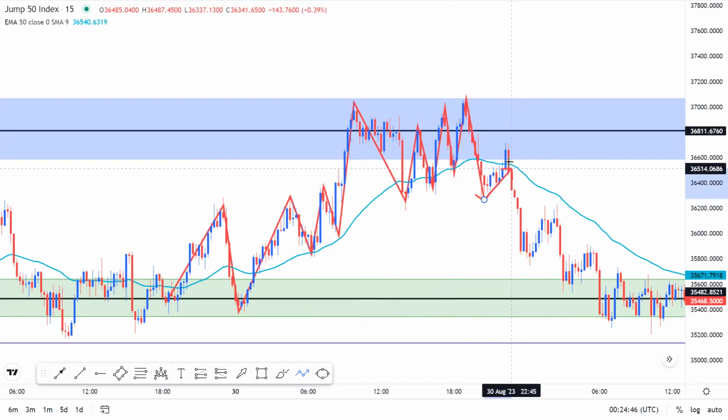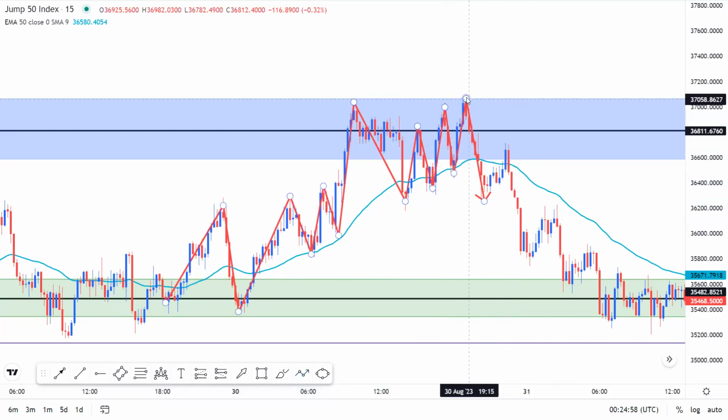So we're clearly retesting a 15 minutes time frame structure level, a previous level of support now turned resistance, and also in confluence with the fact that we have the 50 exponential moving average present right at the level, acting in this case as a dynamic resistance.